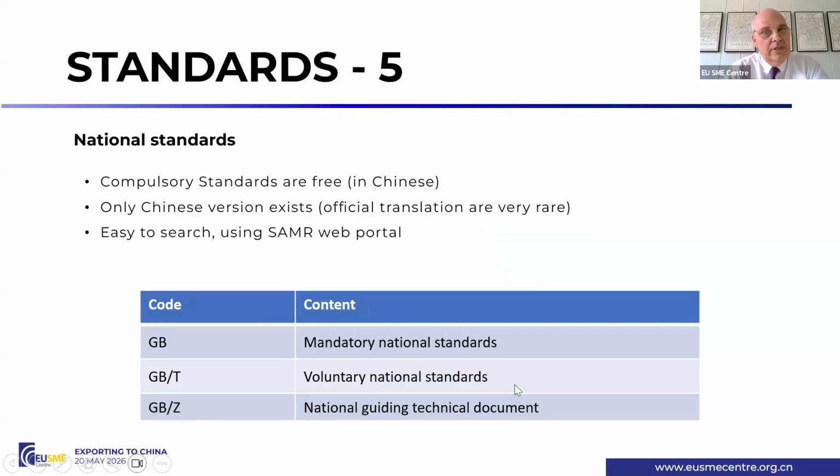Voluntary means not mandatory, but sometimes it's a good idea to be compliant with those because it could give you an edge when you sell your product compared to other competitors that would only be, let's say, compliant with the very basic mandatory ones. And especially many times the voluntary national standards over the years will become mandatory. So this is a good idea to look at them as well because it gives you a trend in terms of standardization for your product.